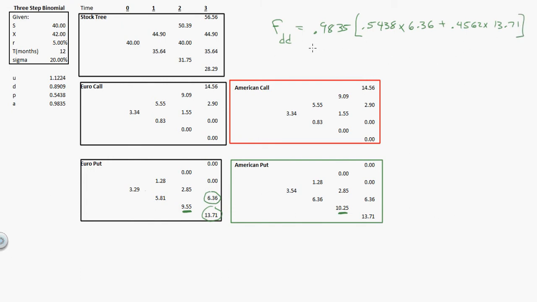I do the math here, and it comes out to be $9.55, which is exactly what happened with the European put. But the American put can be exercised at any time.